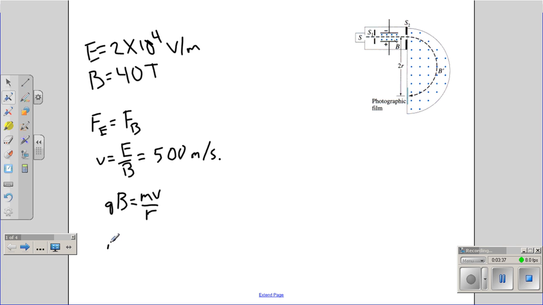All we do is multiply by R on this side, and divide by QB on the other side to get r equals mv over QB. Go on ahead and plug in your numbers for m, v, Q, and B, and we will do this first for atomic mass number 12, carbon 12 as it's known.